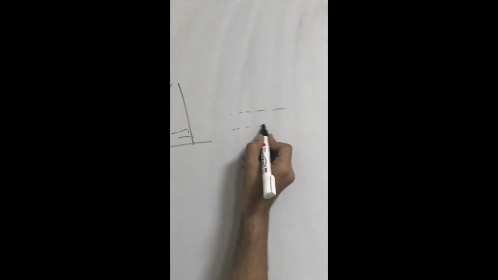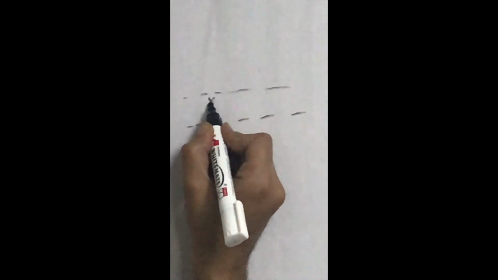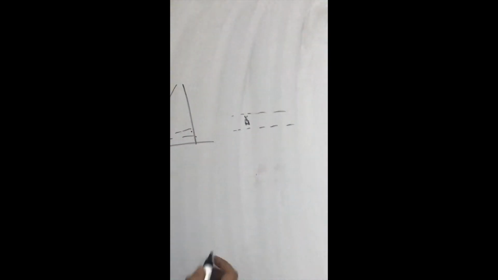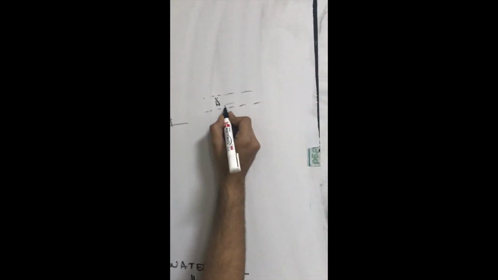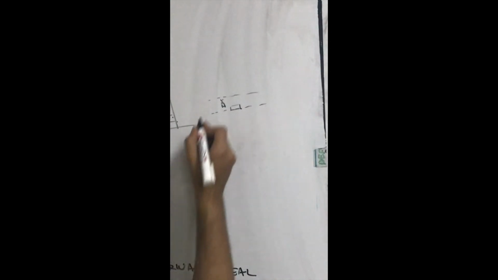The neurovascular structures in the intercostal space lie in the lower border of the upper rib, in the order of vein, artery and nerve. So we have to go in the upper border of the lower rib to avoid the neurovascular structures.